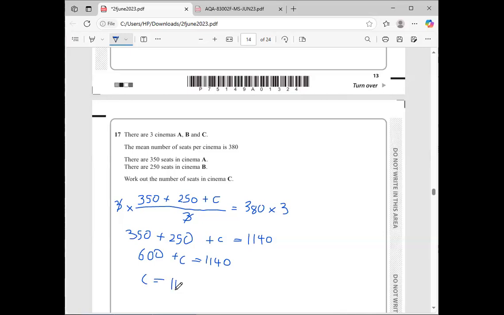So if you wanted to show your steps, you're right about the 540. That's 1,140 minus 600. So that would be 540. Okay, so we're good with this, right? Yes. That's 540.